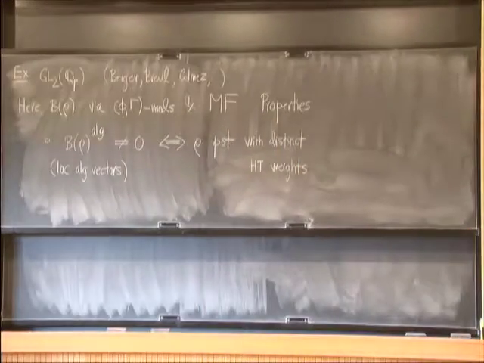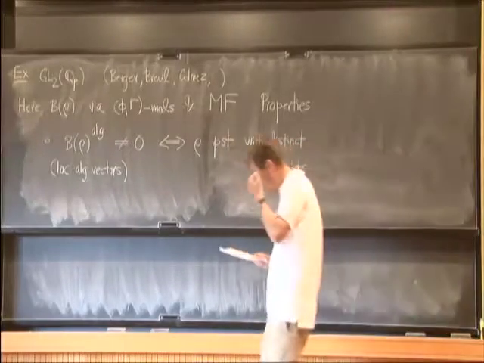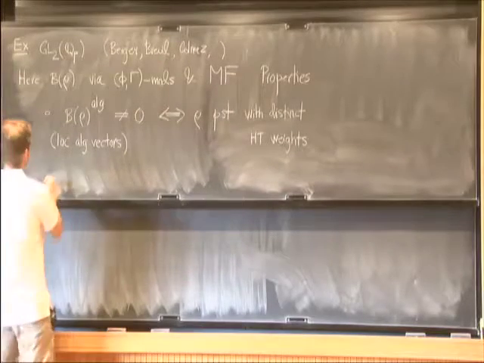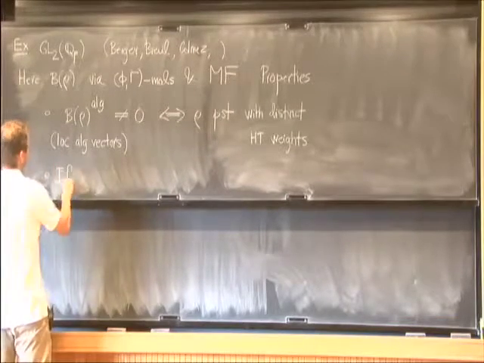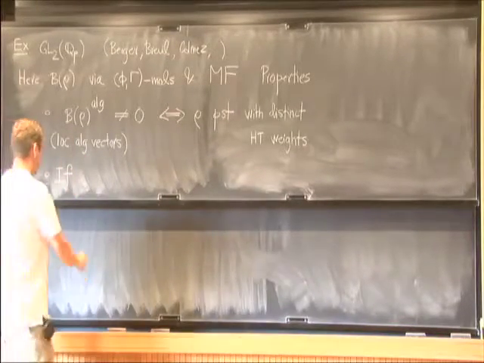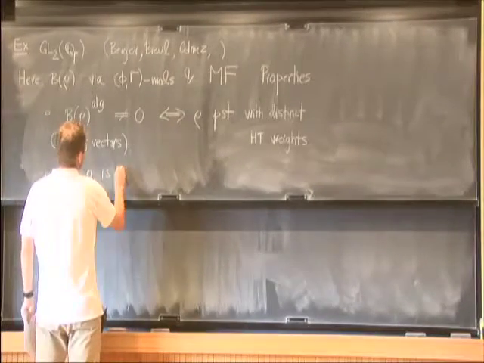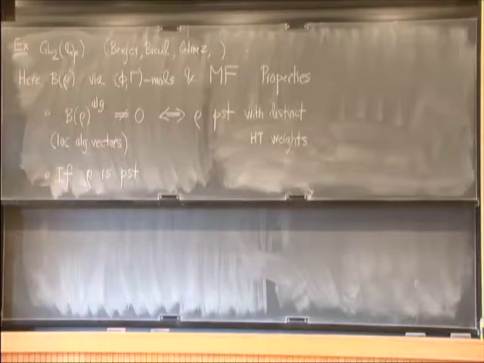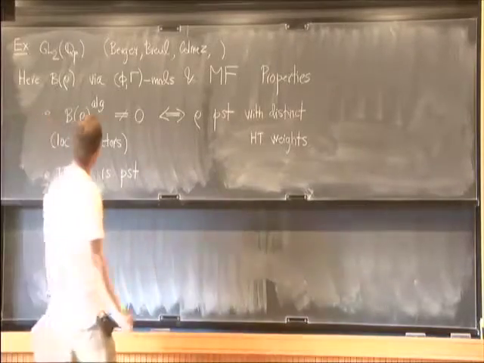And if you put yourself in that situation and take something that is potentially semi-stable with distinct Hodge-Tate weights, then you can actually describe these algebraic vectors in terms of the local Langlands correspondence.